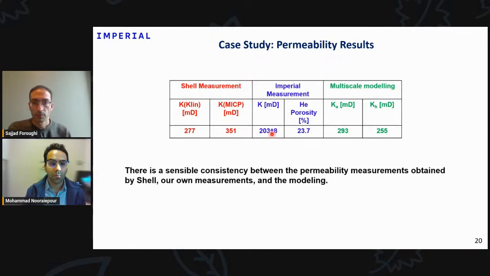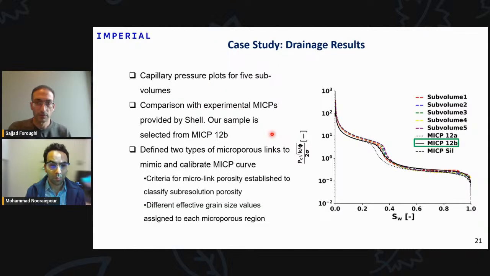And this is the MICP result for this subvolume, and this is also the capillary pressure for this subvolume. So here, same as the previous case, we defined two types of micro-links with a soft criterion to have a smooth transition between these two regions, so we are able to get the same behavior as the MICP.